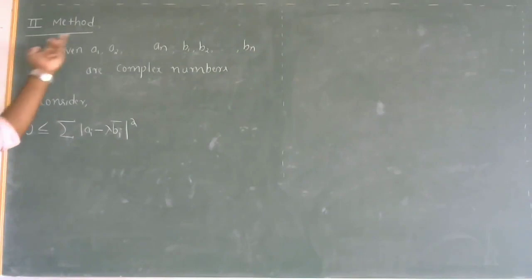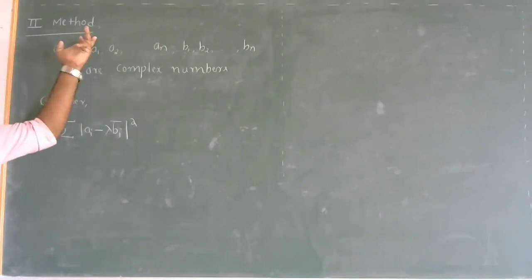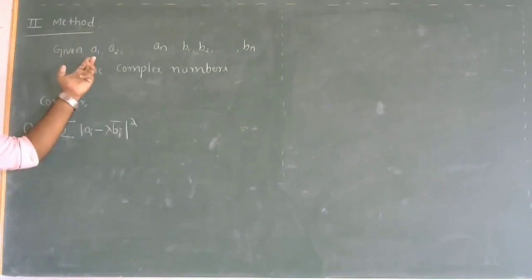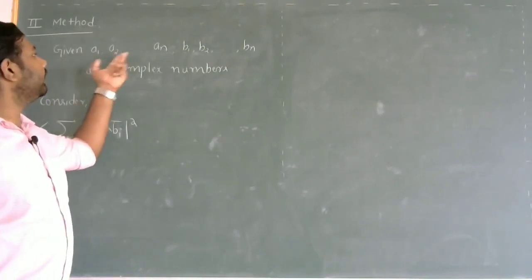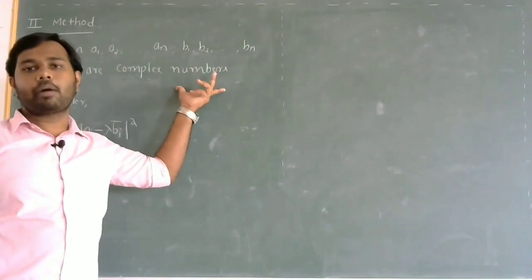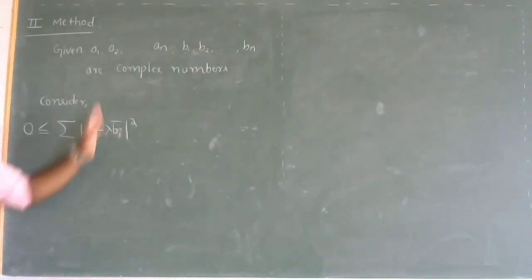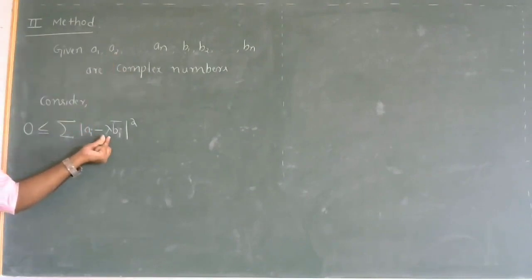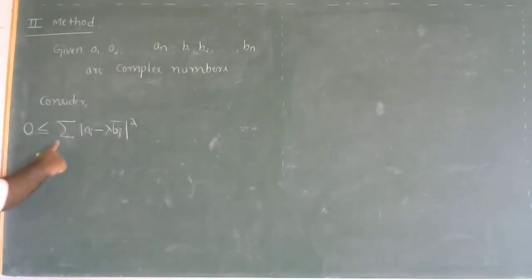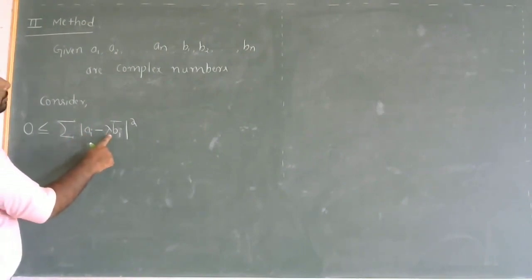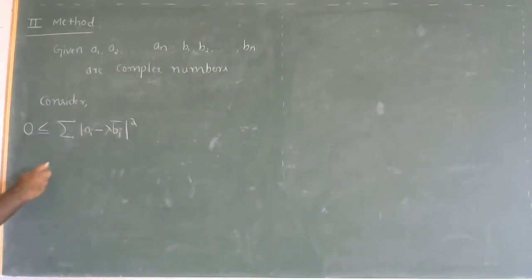Now the second method of proving Cauchy's inequality. So once again, start with the hypothesis: a1, a2, ..., an, b1, b2, ..., bn are complex numbers. These are the given complex numbers. Now for these complex numbers and for some constant value lambda, I will consider the summation of modulus of ai minus lambda bi bar whole square, i running from 1 to n.